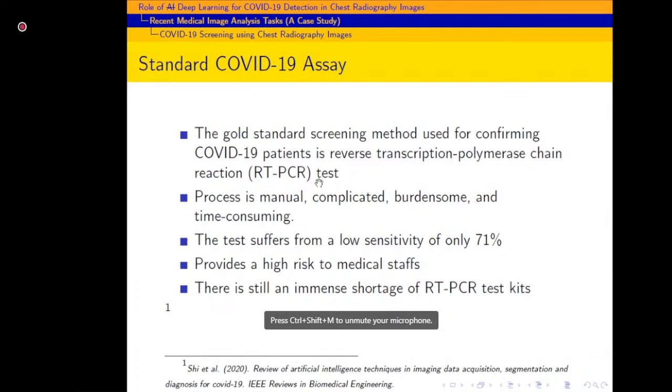The problem with RT-PCR is that it is time consuming and it's manual. If it is manual, there's a possibility of misdiagnosis. That is why we are mainly focusing on some alternatives which can also help us in detecting COVID-19, and later you can verify the same with the RT-PCR method.